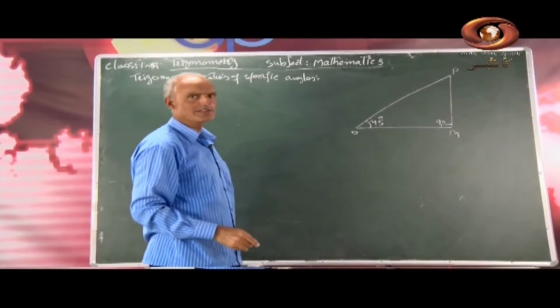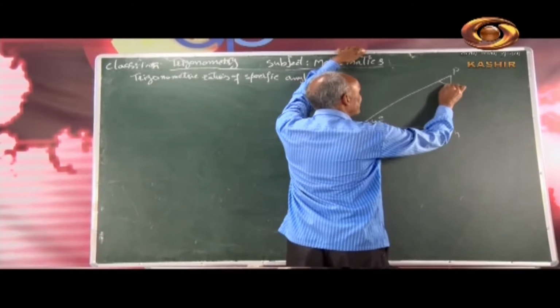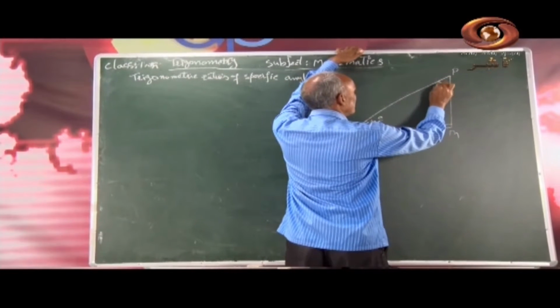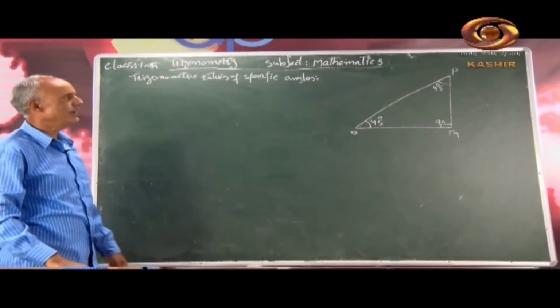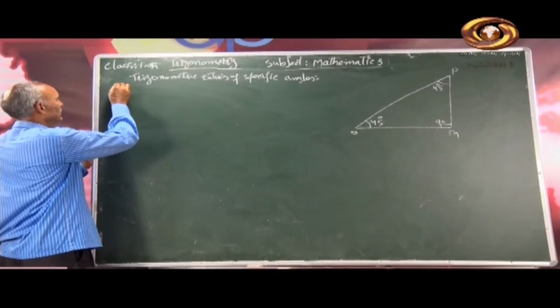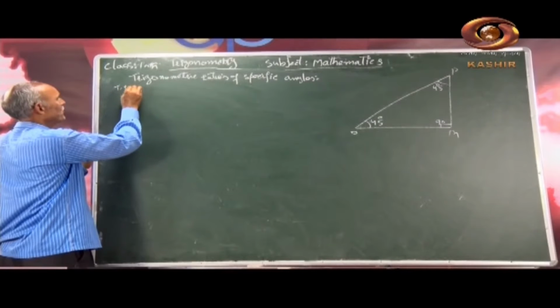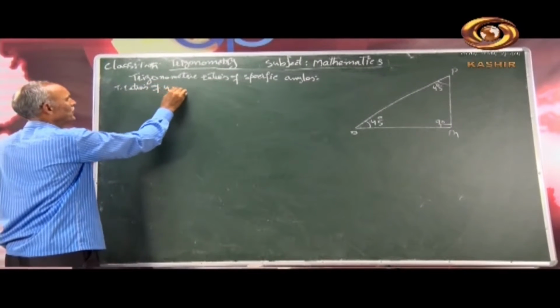Since the sum of the angles of a triangle is equal to 180 degree, therefore this other angle will also be equal to 45 degrees. We know in a triangle, if two angles are equal, their opposite sides are also equal. So T ratios of 45 degrees.